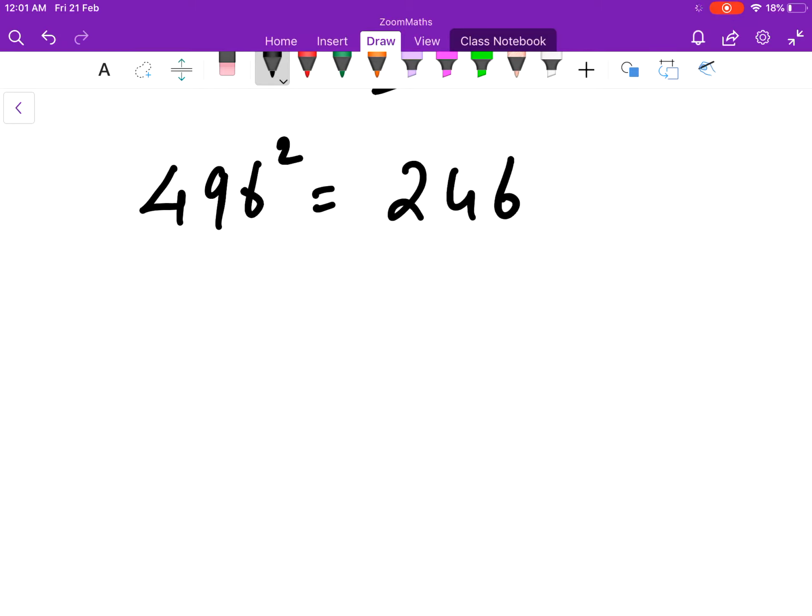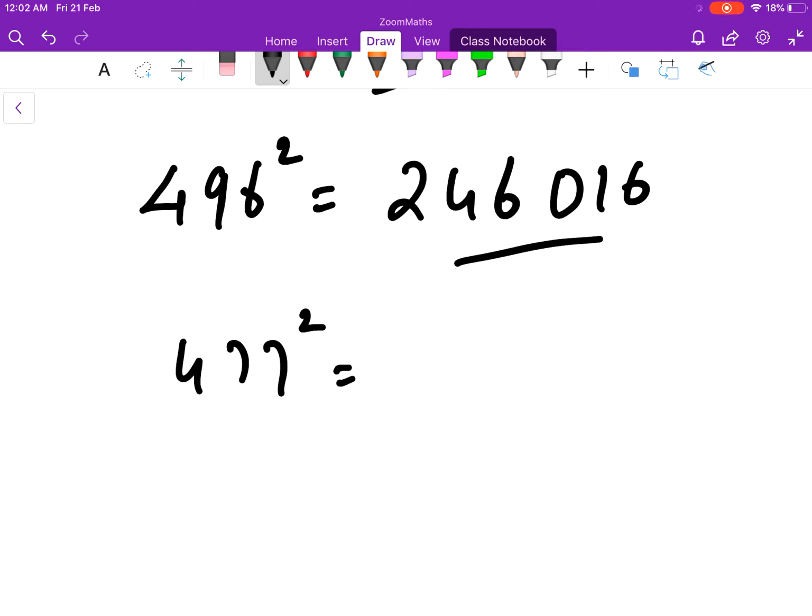You reduce 4, so 246 and 016, one liner. 477 square. 477 is 23 less than 250 plus 250, so that's going to be 227, and then you take 23 square, 529.